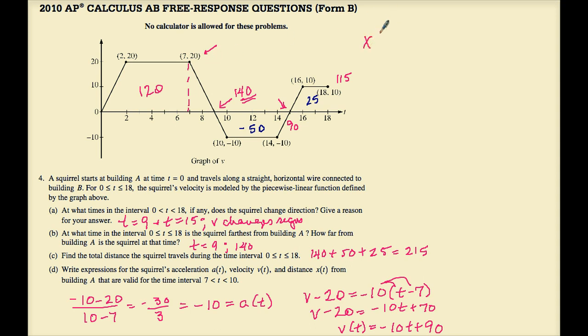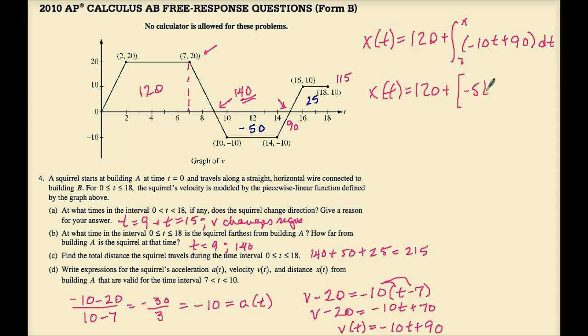So when we set up our position function, we have to say 120 plus the integral from 7 to some x value in the interval from 7 to 10 of our velocity function, negative 10t plus 90 dt. When we integrate, we'll have x of t equals 120 plus negative 5t squared plus 90t evaluated from 7 to x.